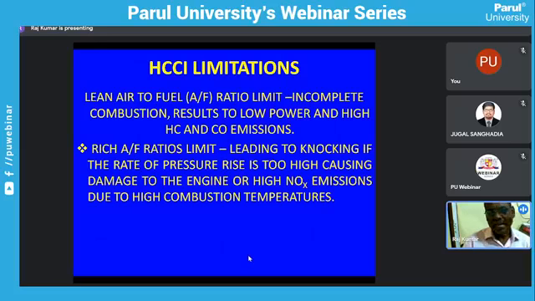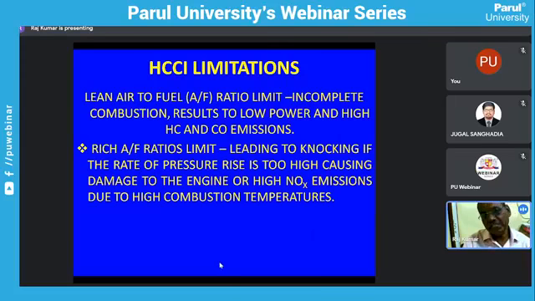So in the HCCI engine, the air and fuel ratio plays an important role. Normally, 14.7:1, that is 14.7 parts of air and 1 part of fuel, is the correct ratio which will deliver the maximum power, and it will give a good specific fuel consumption.